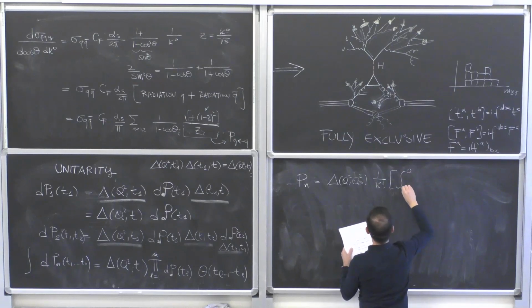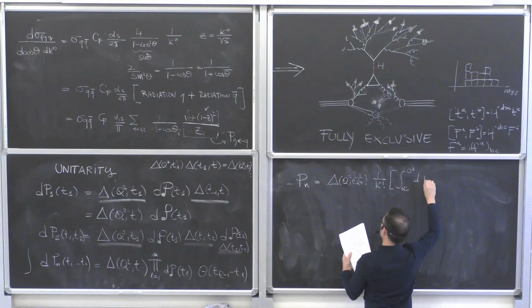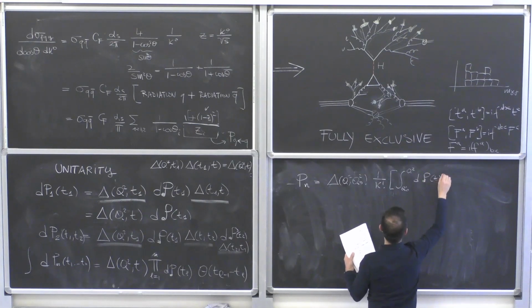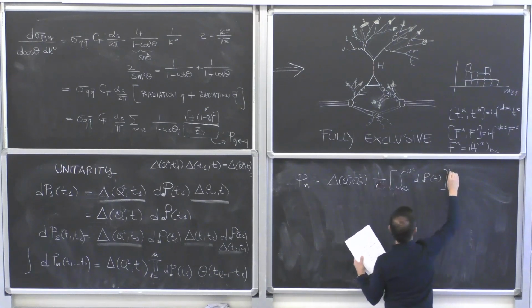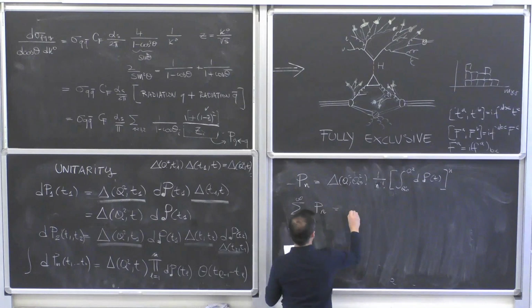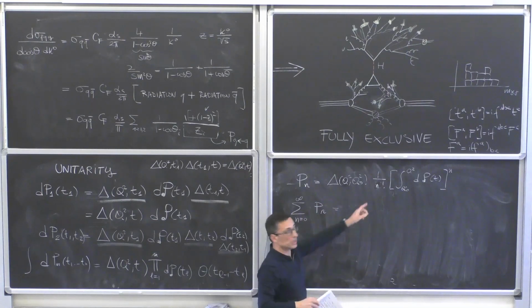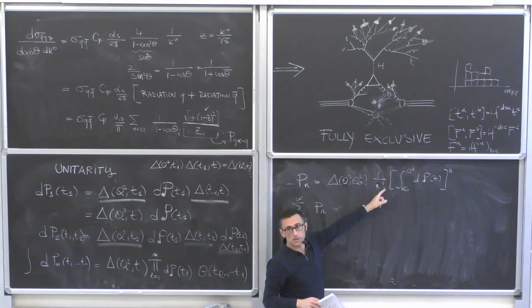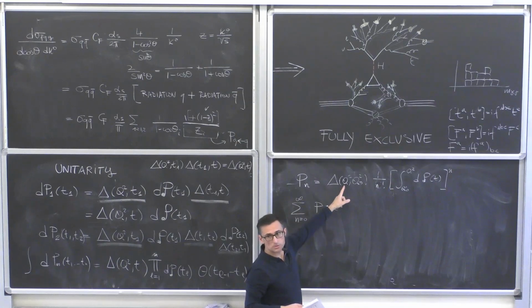Q0, dP of T, N. And now I sum them, and you see what I get, right? Because this gets an exponential with a plus, this has an exponential with a minus, and then I get 1.